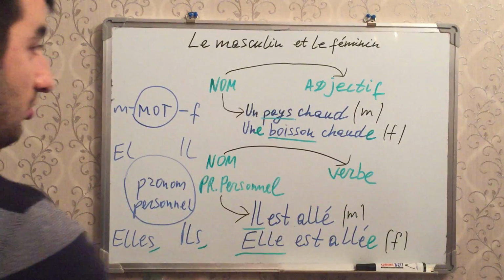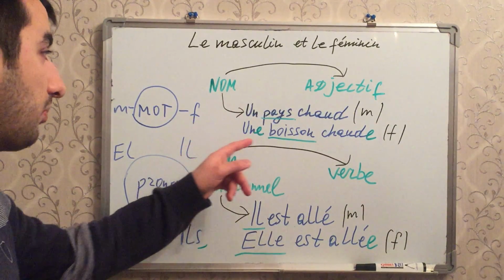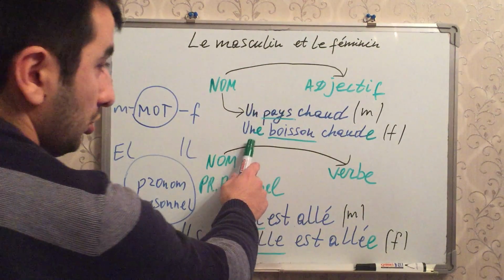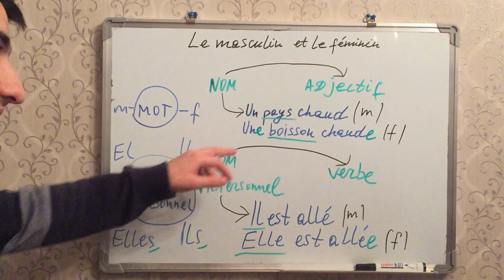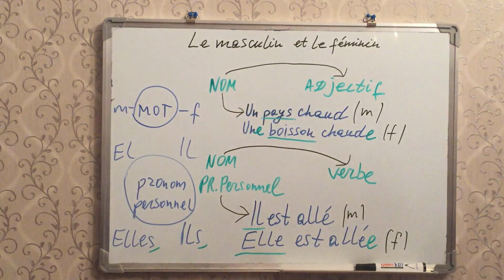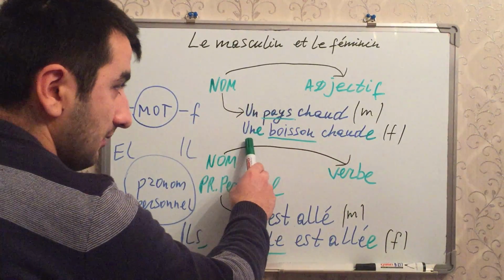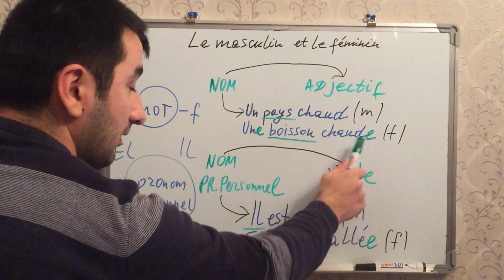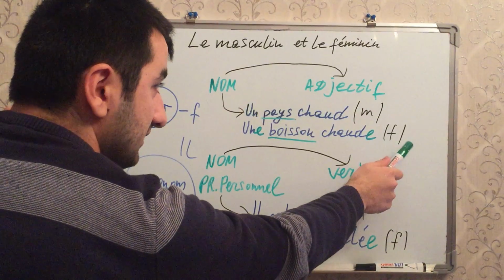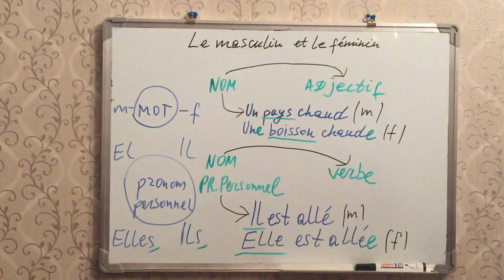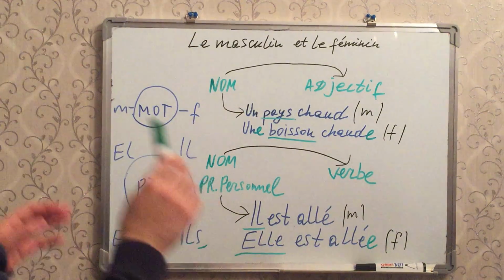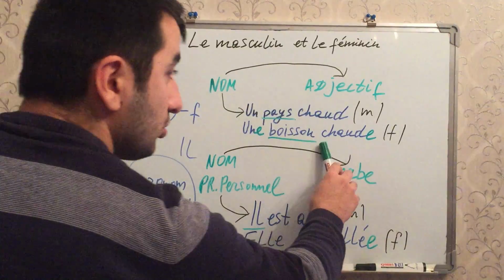Okay, so the second example is une boisson chaude. Une is an article like this, but here it represents a feminine form. Here boisson is a word that is in feminine form, and chaude is an adjective, is in feminine form. Okay, when we use an adjective in a feminine form, we add the letter e at the end of a word. Okay, chaude.